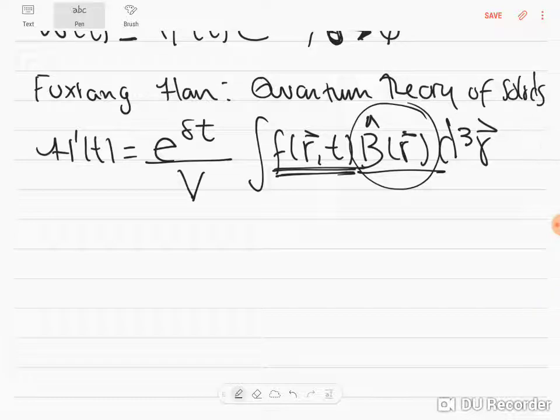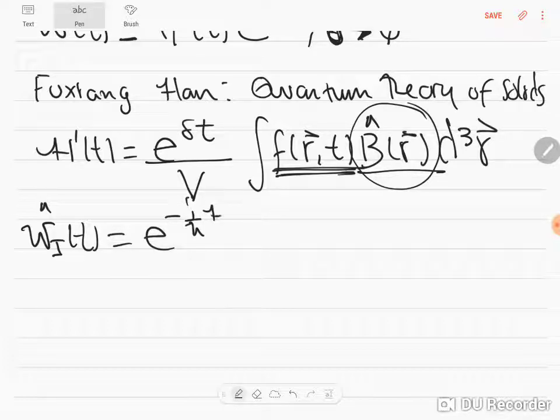So then in the interaction picture I can write now the following. This is equal to e to the minus i over ħ H0 t, W of t.